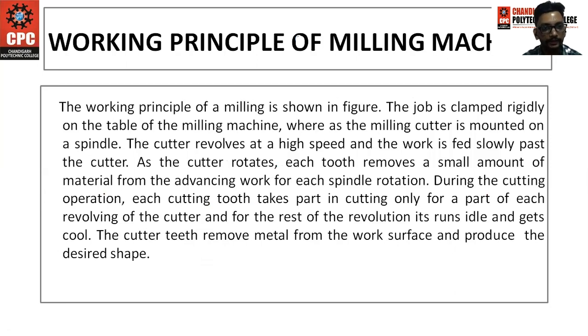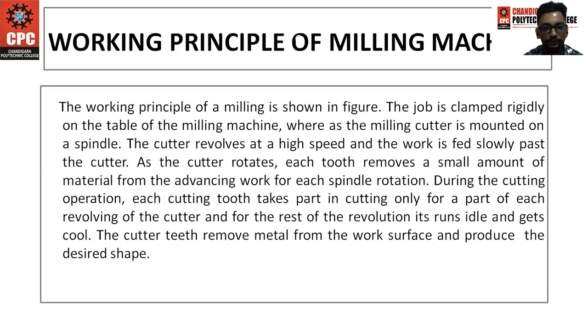Second slide, working principle of milling machine. The working principle of milling machine is shown in the figure, which we discuss in the next slide. The job is clamped rigidly on the table of the milling machine, whereas the milling cutter is mounted on a spindle. The cutter revolves at a high speed and the work is fed slowly past the cutter.